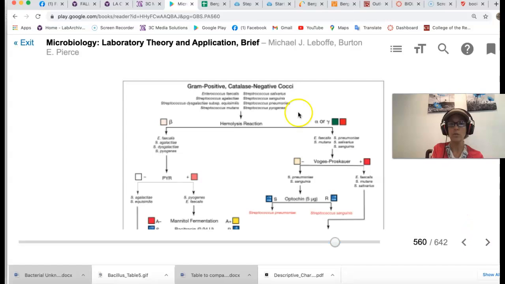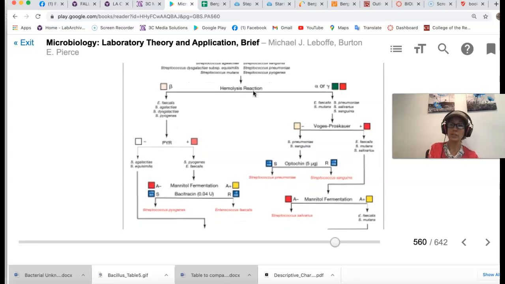The next one is the gram positive cocci that are catalase negative. The next thing you need is your hemolysis reaction. If it had beta hemolysis, complete hemolysis, you're on this side. And if it had either alpha, partial hemolysis, or gamma, no hemolysis, you're on that side.